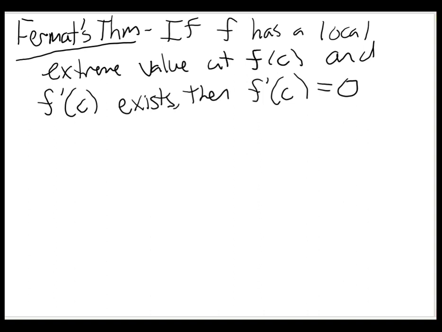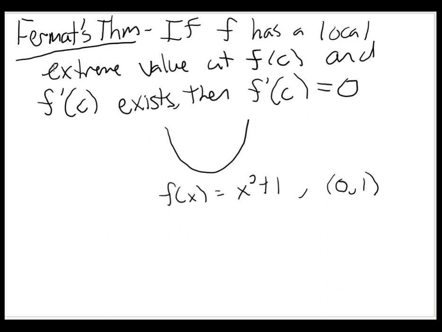For example, of having a local extreme value, we know if you take the function x squared plus 1, then from algebra 2 you could say that 0, 1 is going to be a local minimum.